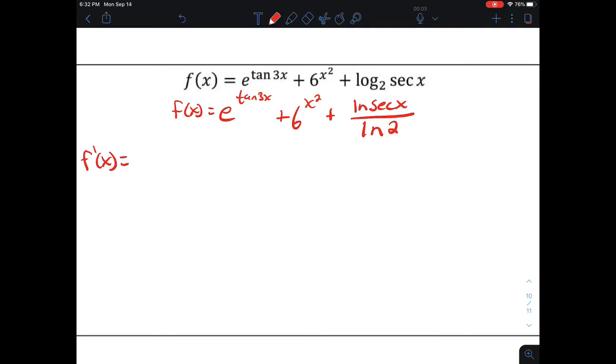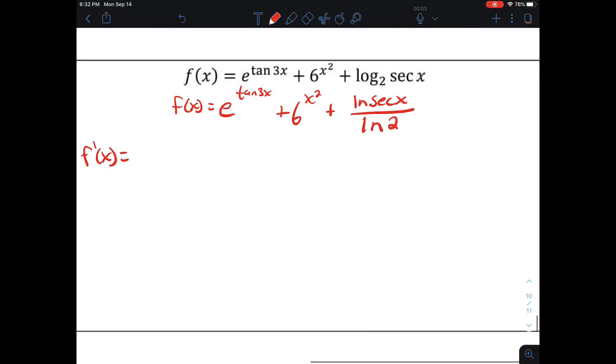So the derivative of e to the tangent of 3x is going to be the exponential function e to the tangent of 3x times the derivative of tangent of 3x. Well, the derivative of tangent of 3x is secant squared of 3x times the derivative of 3x, which is 3.